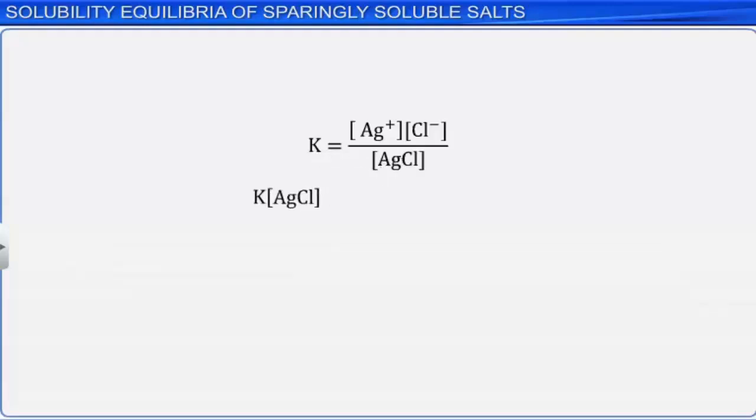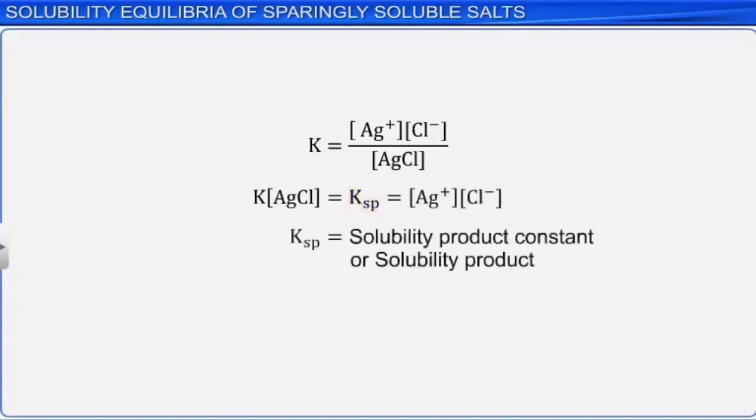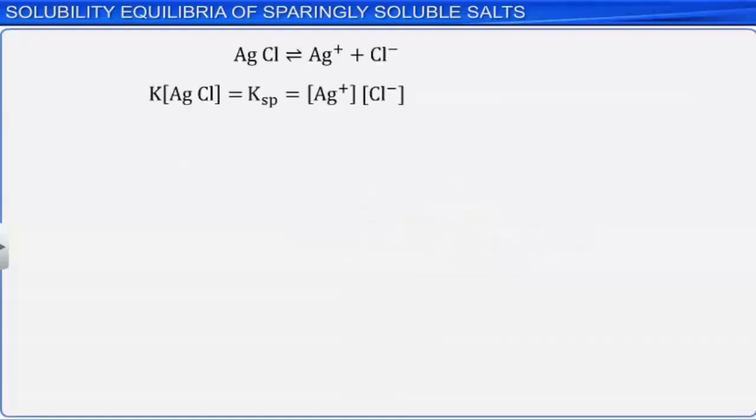As the concentration of silver chloride remains constant, the product of K and the concentration of silver chloride in the equation is represented by another constant called Ksp, which is the solubility product constant or simply the solubility product. Thus, the above equation deduces to Ksp equal to the product of concentration of silver ion and chloride ion respectively.